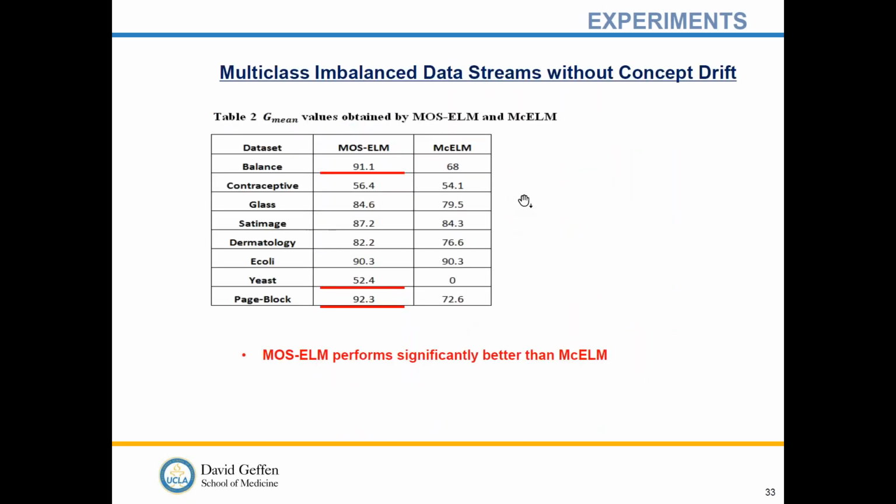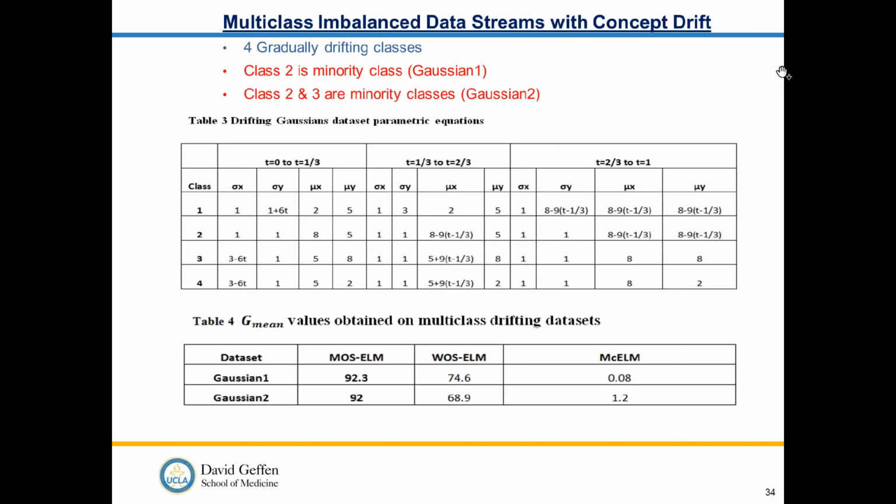We also evaluated MOS-ELM performance on multi-class imbalanced datasets without concept drift, and in most cases the performance gain is significant. Also, the multi-class imbalance problem with concept drift is a very new problem, because most of the existing methods only discuss two classes. In this example you have multiple classes and all of them are going through change.